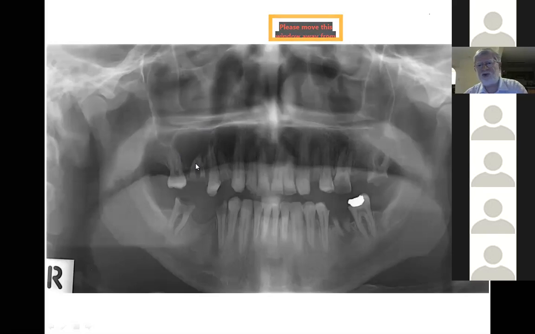You'll see further down a few x-rays where we've done endodontic treatment and a large lesion like this has disappeared without surgical intervention. But there's lots of issues here. This patient's in a lot of trouble and needs a lot of extractions. We probably need a lot of curettage there in particular.